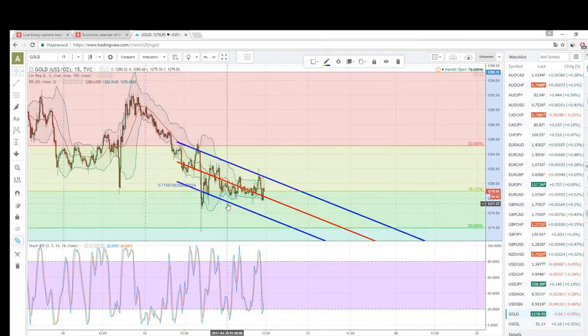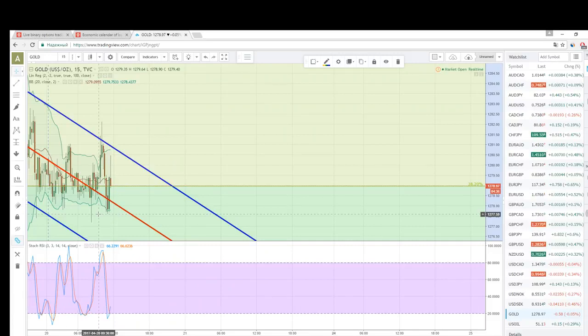Well, for the gold for the short time limits, there is a good option as far as I see to enter for high.